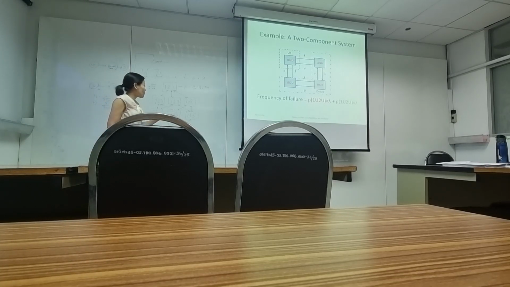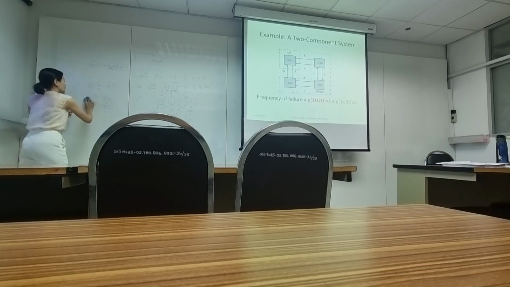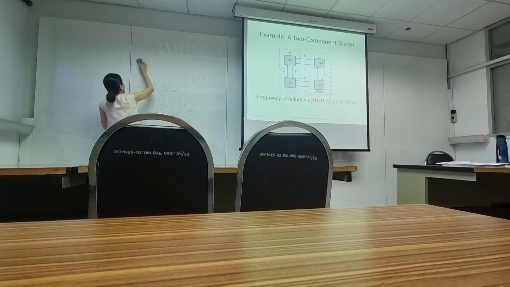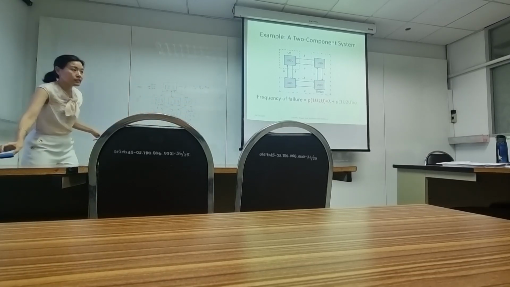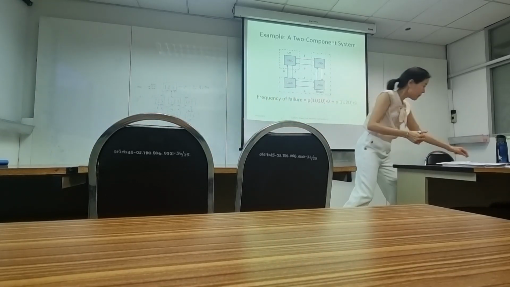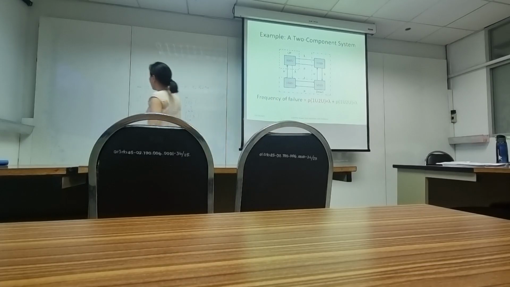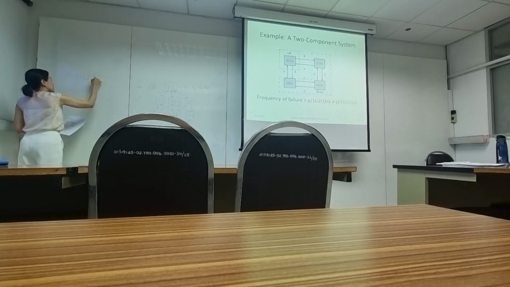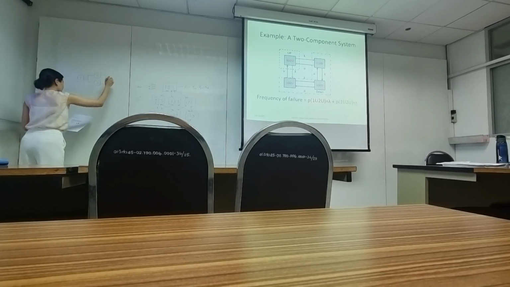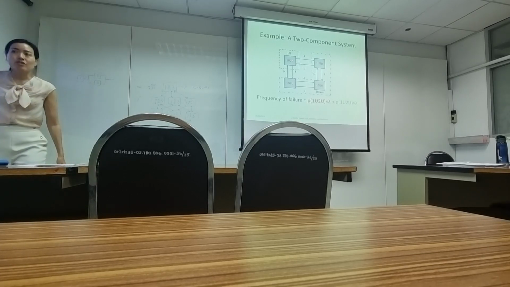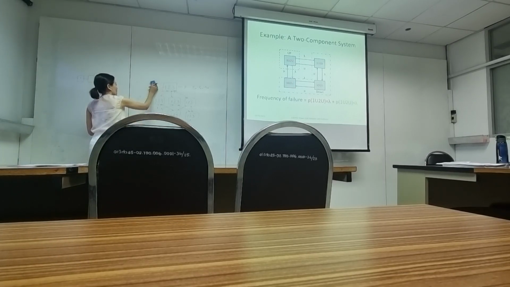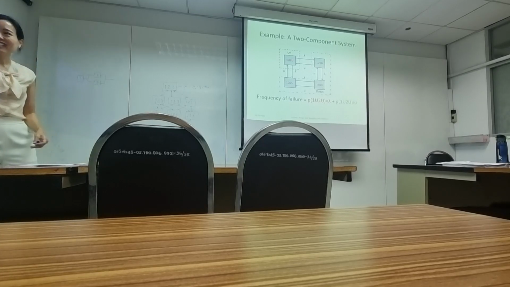Let's say for this network, we have the example where unit 1, 2, and 3 are in parallel, right? So we have to see, in this case, what is the failure probability and what is the frequency of failure. Am I right? Okay.